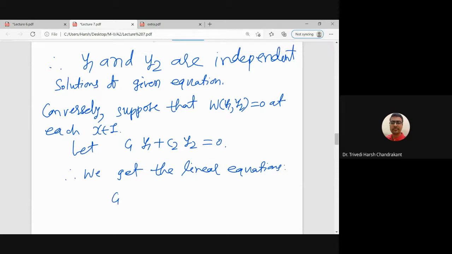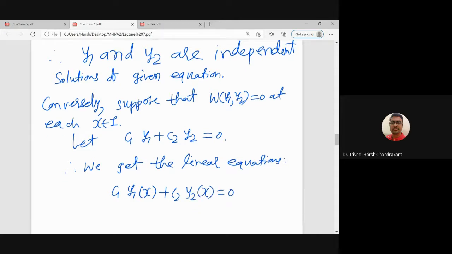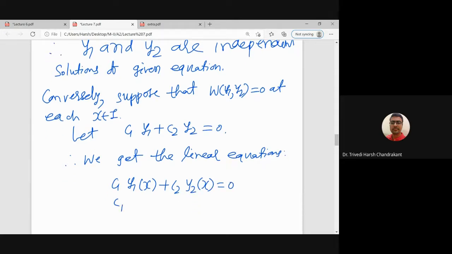So the first equation is C1y1(x) plus C2y2(x) equals 0, and since we are differentiating this equation, this is the same equation along with its differentiation: C1y1'(x) plus C2y2'(x) equals 0. Right, so we got this system of linear equations from this particular equation.